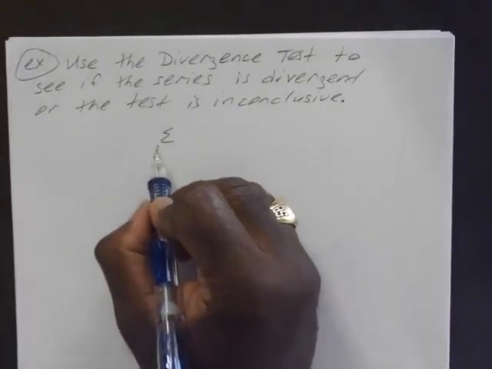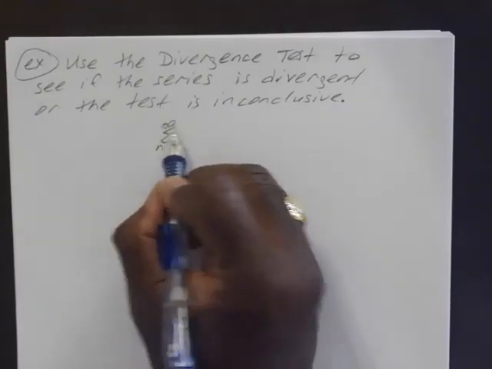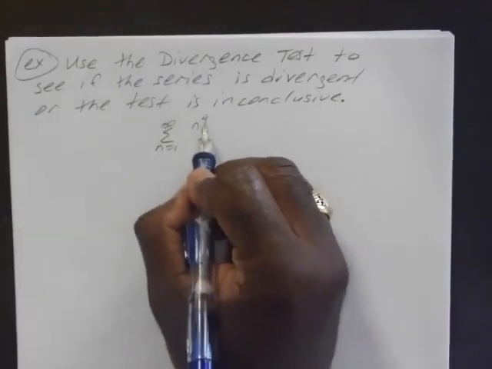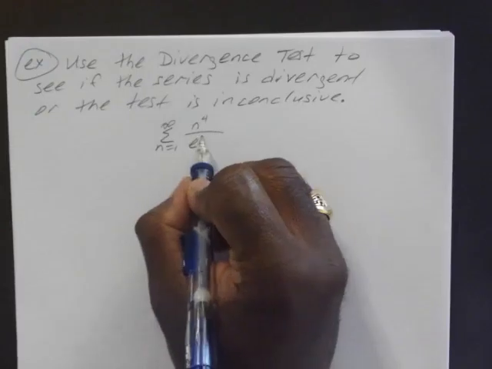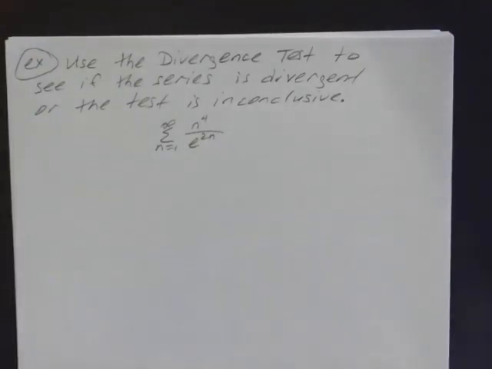So we have the sum from n equals 1 to infinity of n to the fourth power divided by e to the power of 2 times n.